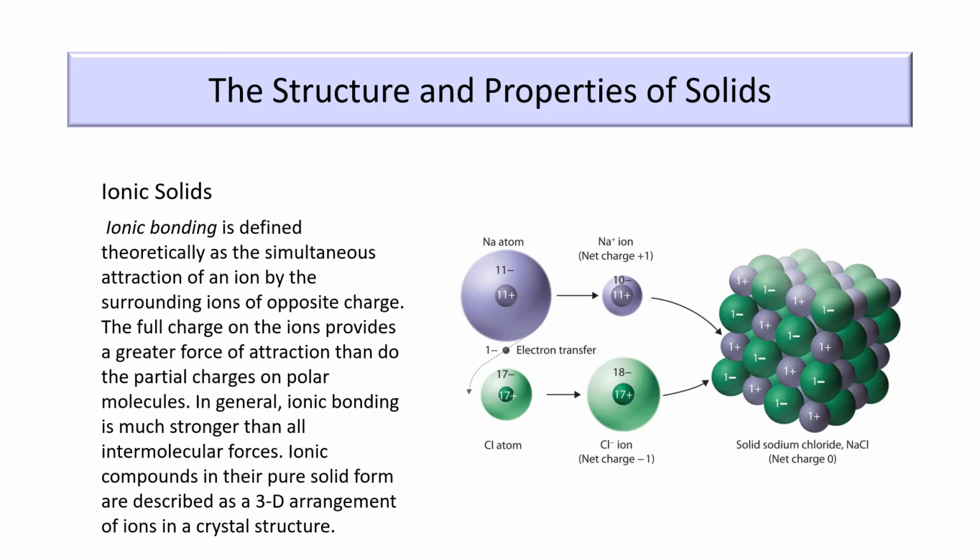In general, then, ionic bonding is much stronger than all intermolecular forces. Ionic compounds in their pure solid form are described as a 3D arrangement of ions in a crystal structure. And I have given you an example here of a sodium atom and a chlorine atom.